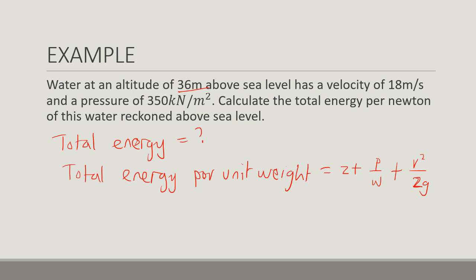This is the equation we know now, and we're asked to find the total energy per unit weight. So what are the things we're given from the question?